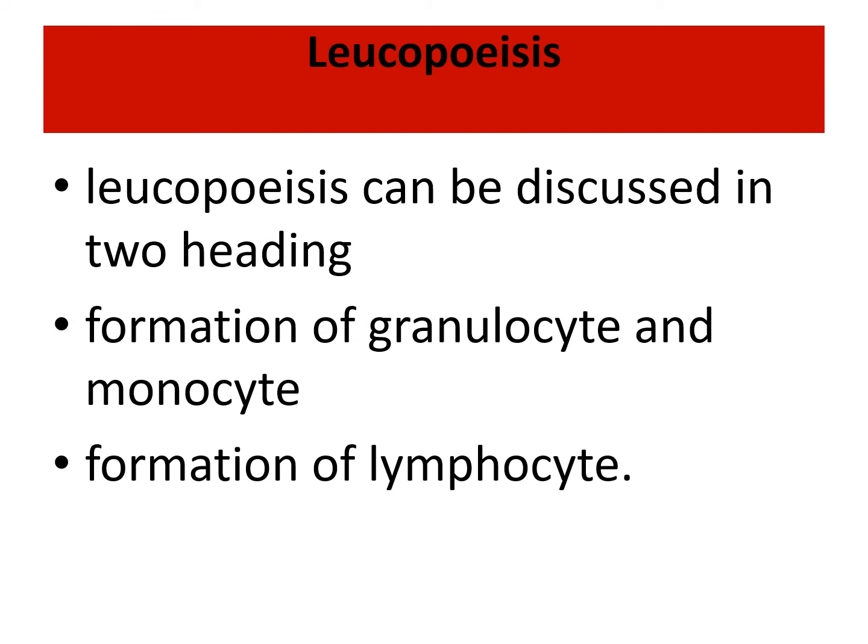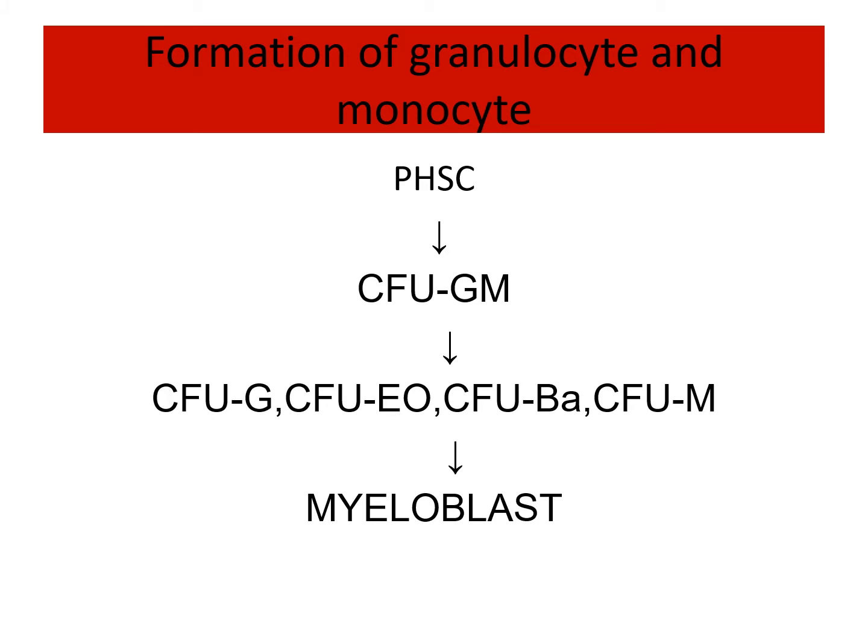Leukopoiesis can be discussed under two headings: the formation of granulocytes and monocytes, and the formation of lymphocytes. In the formation of granulocytes and monocytes, first you see the pluripotent hemopoietic stem cells converted into colony forming unit granulocytes and monocytes.